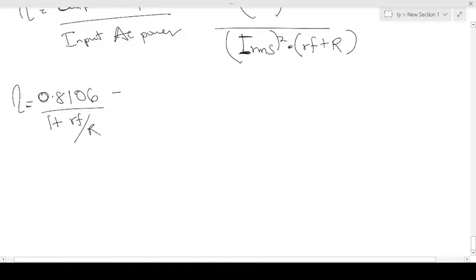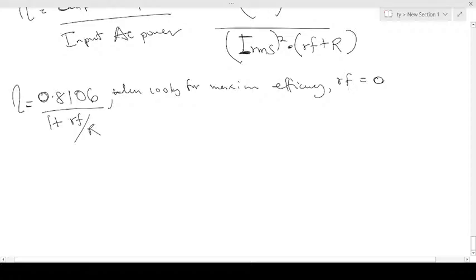Now we know that, as I've stated before, when we are looking for maximum efficiency, our RF, or our forward resistance, is negligible or 0.